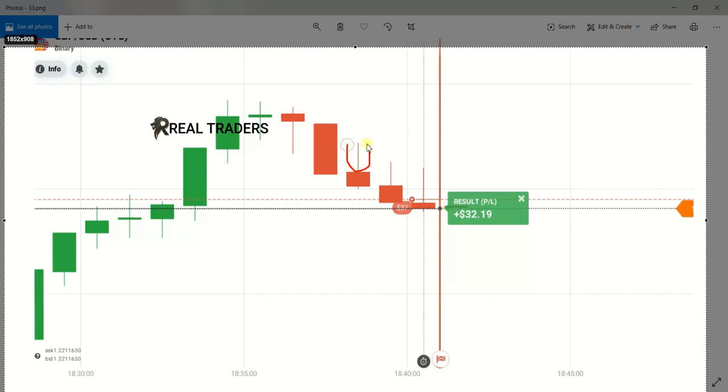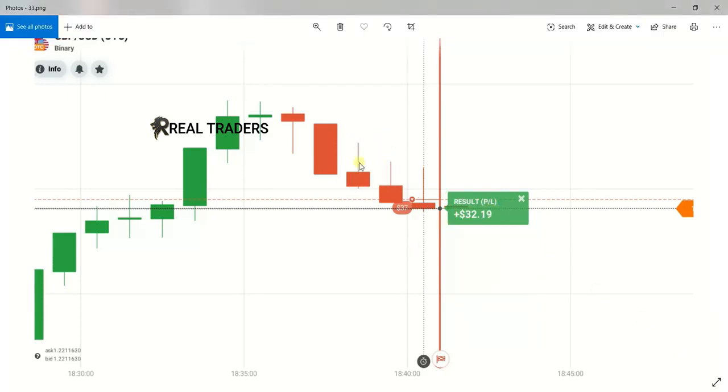But when you see three rejections, you cannot again go with sellers, because the three rejections show us the buyers are interested in the market, and they may enter the market at any time. At any time they may enter after this candle easily. Okay, so the two rejections are also important in the market, so remember this point also.